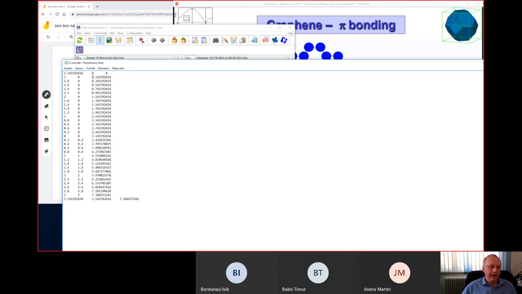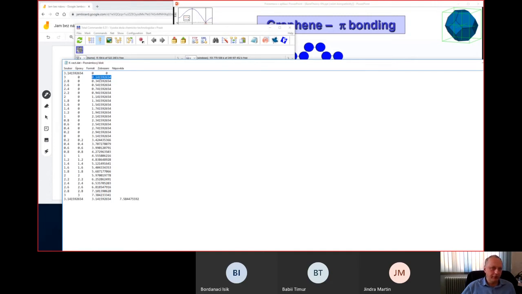So I created this just in Excel, and I summed from the beginning the distances between the nearest points within the first Brillouin zone along the principal directions. So you see that here the first point corresponds to the difference between the point pi 0 and the next point.